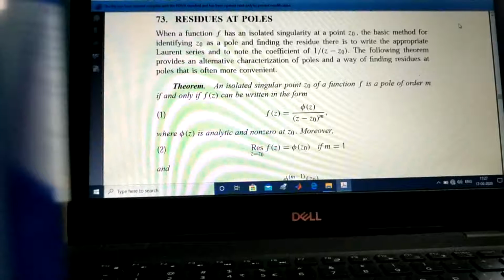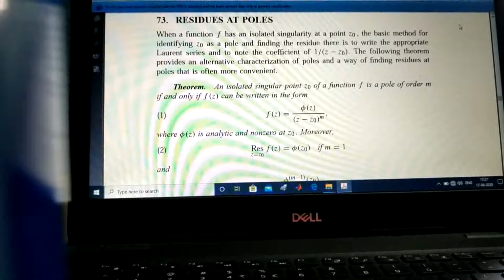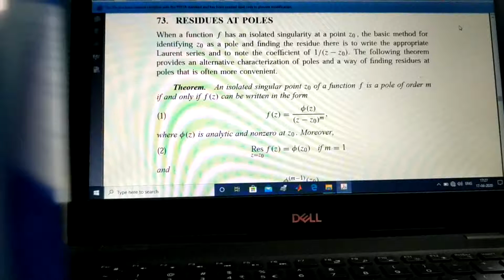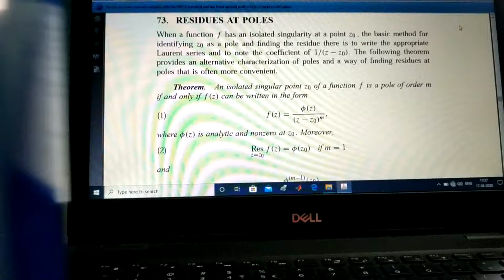Hello students, today we will discuss finding residues of functions at poles, which is one type of isolated singularity.